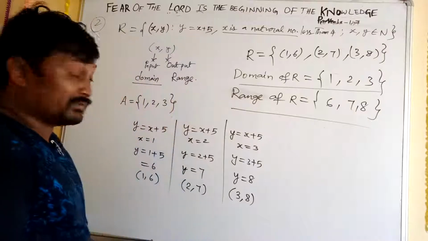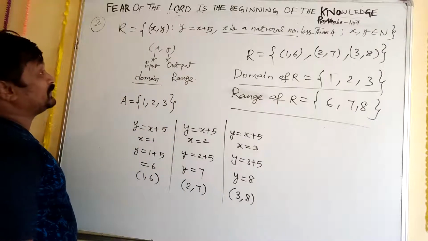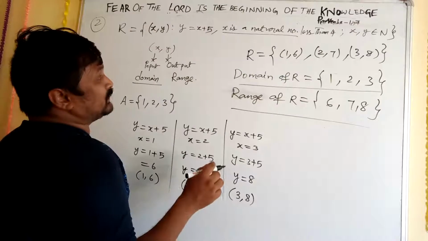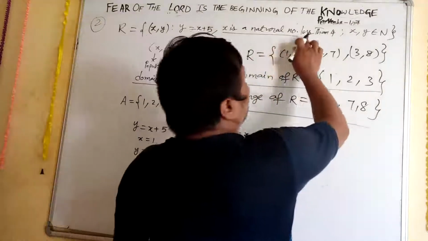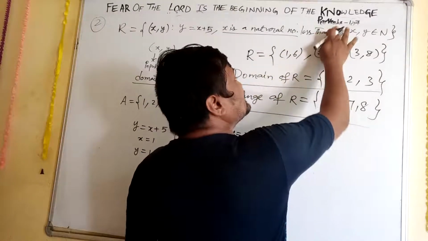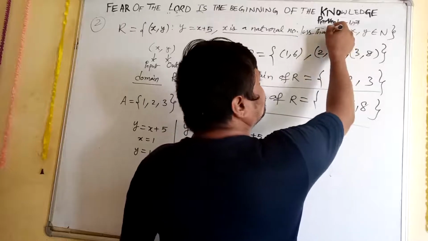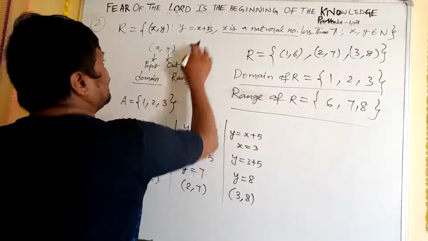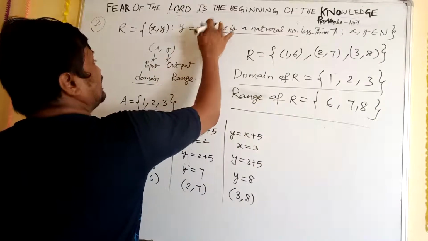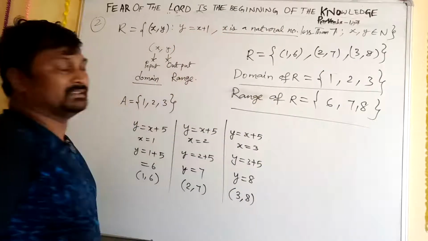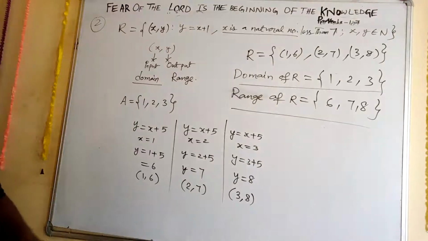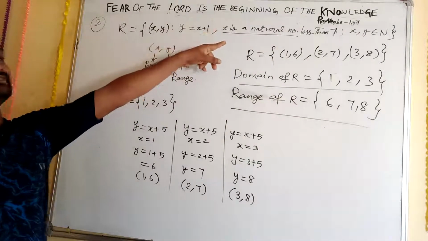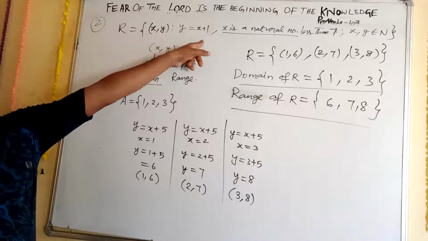So now it's your turn. You have to do it in this way. Your question is: x is a natural number less than 7, and the relation is y is equal to x plus 1.